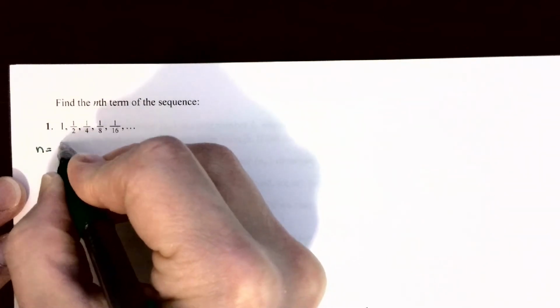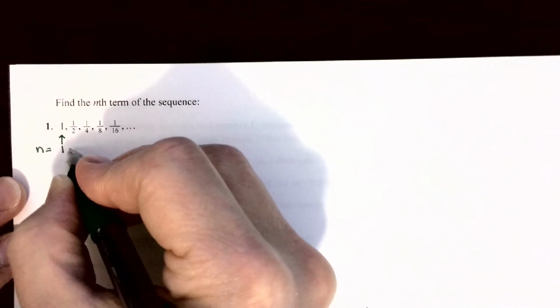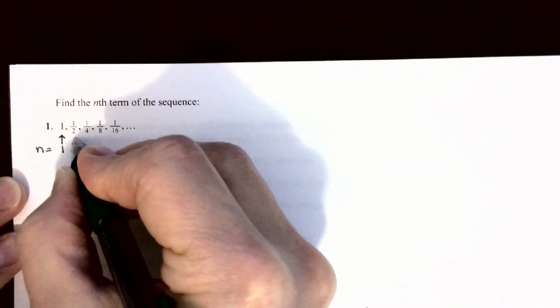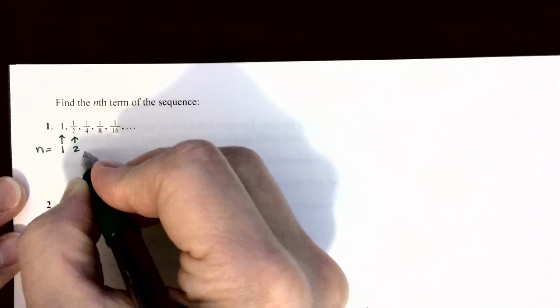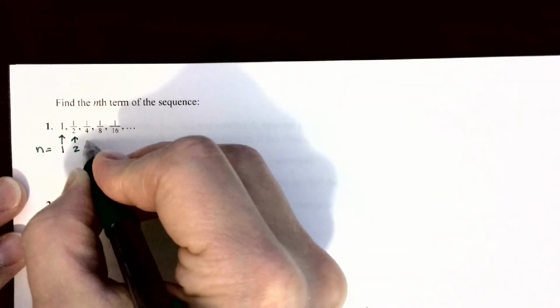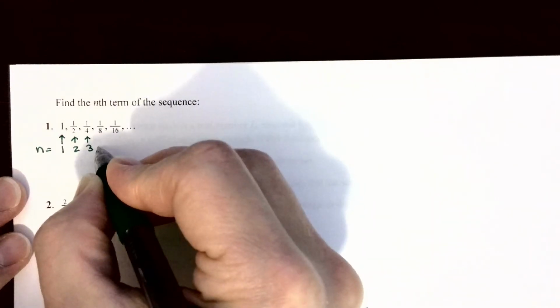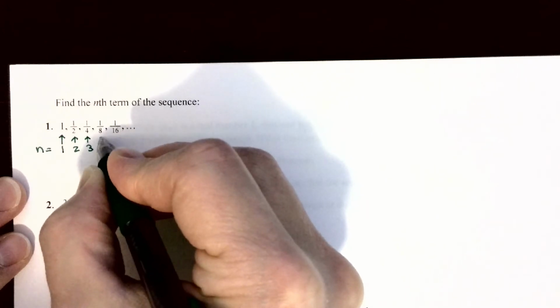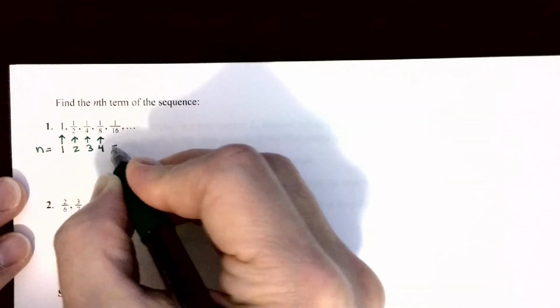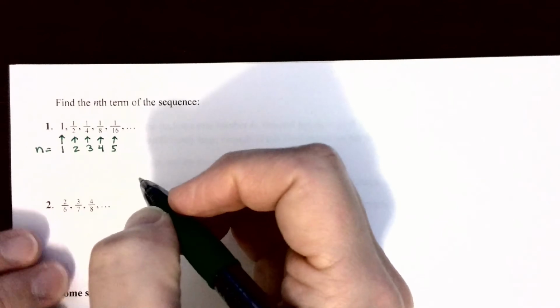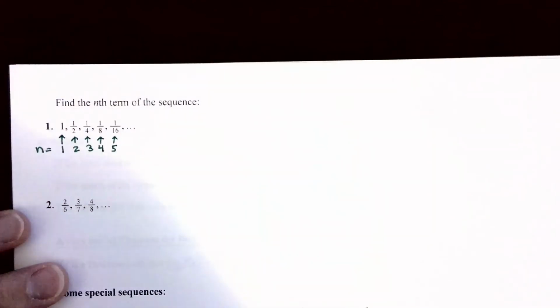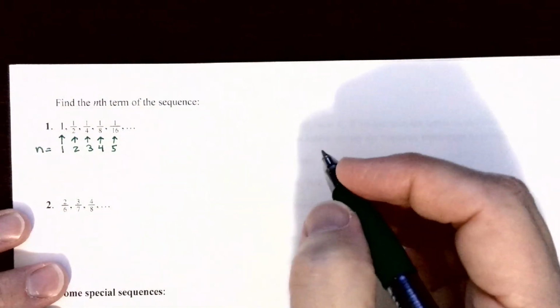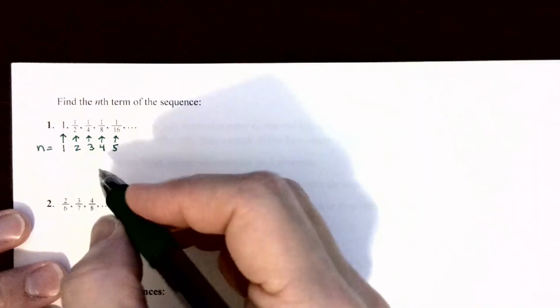So for n equal 1, I want the output a sub 1 to be 1. For n equal 2, I want the output to be 1/2. For n equal 3, I want it to be 1/4. For n equal 4, I want it to be 1/8, and so on. See how we have that?